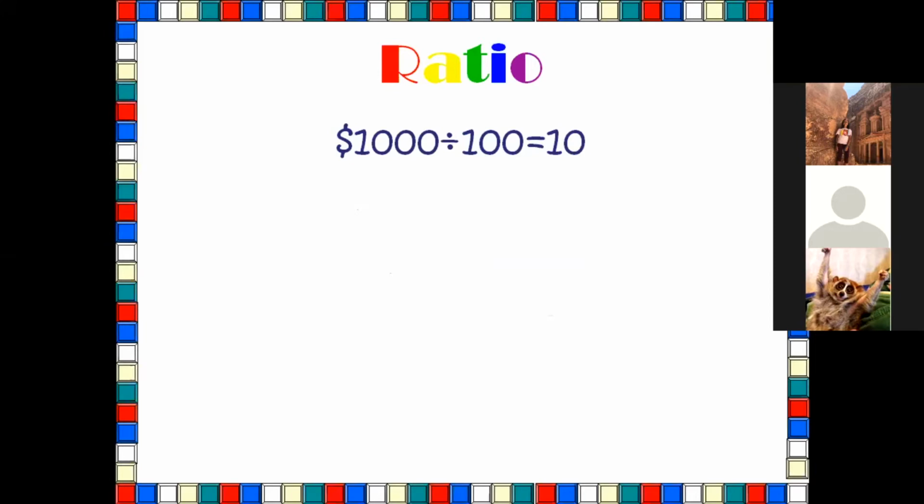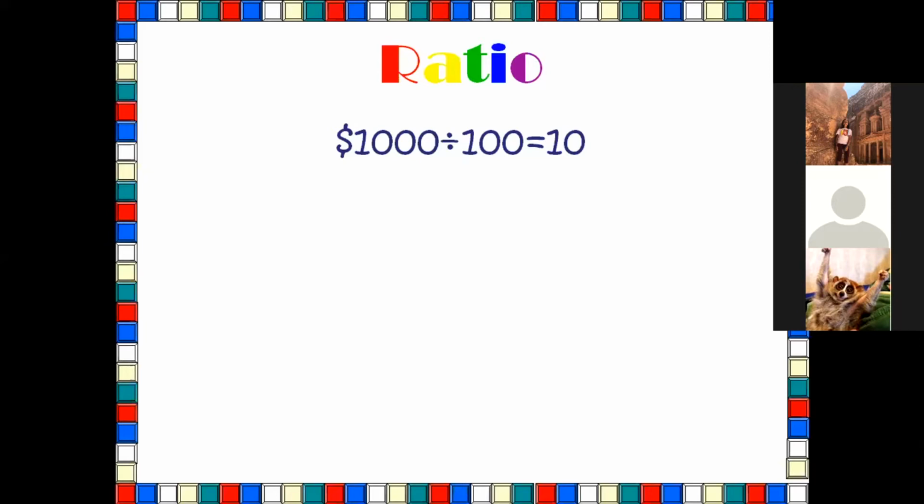Now, what does that 10 mean? It means for each part in the ratio, you will get 10. For each part, there is 10. Now, Bill paid 60, so he has 60 parts.